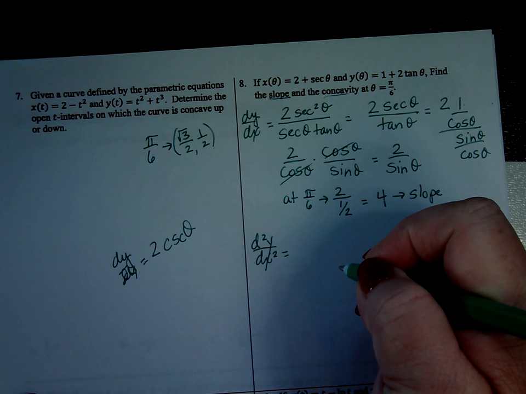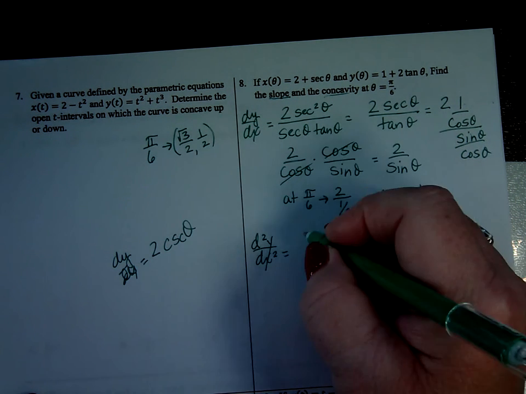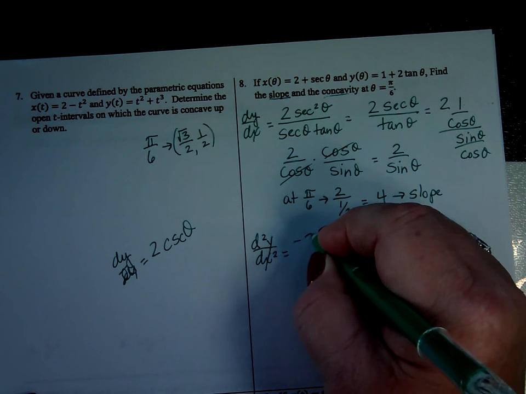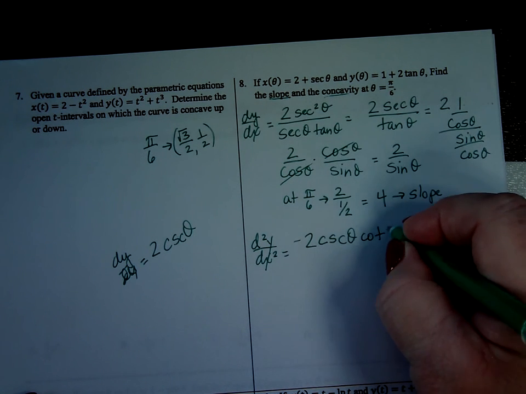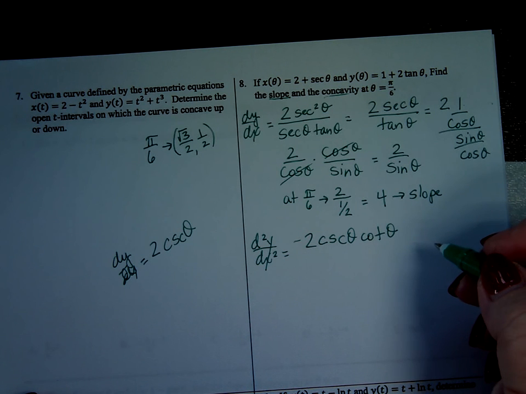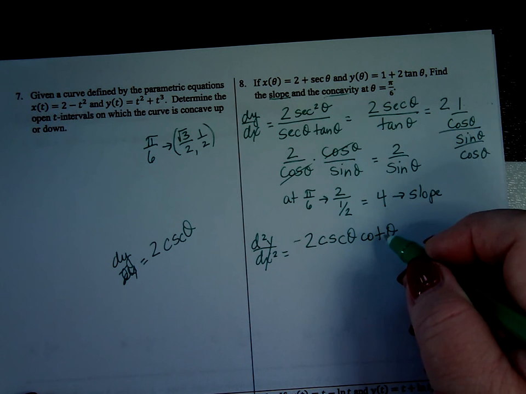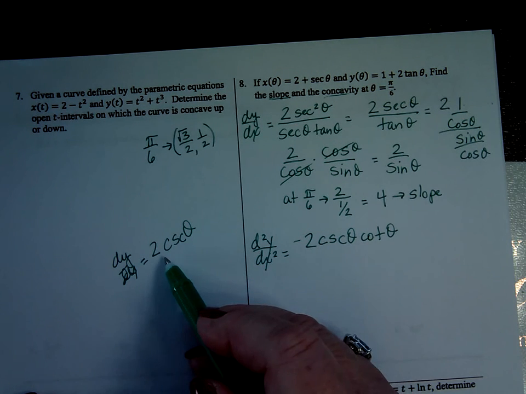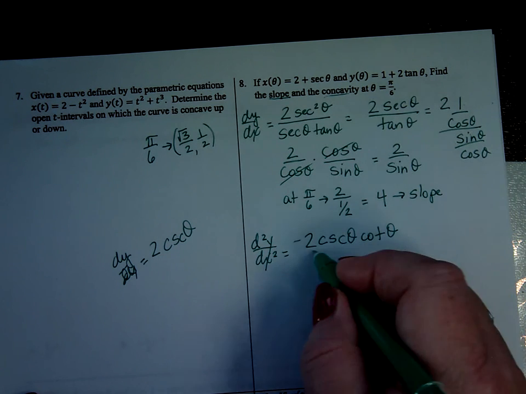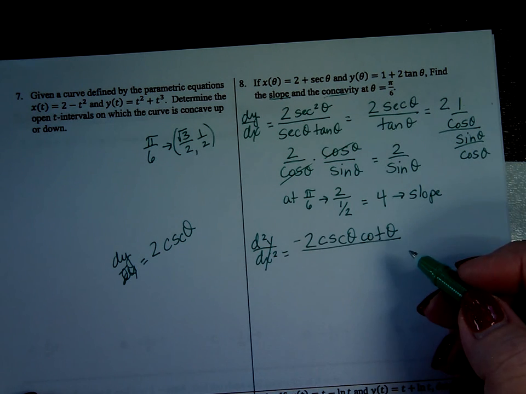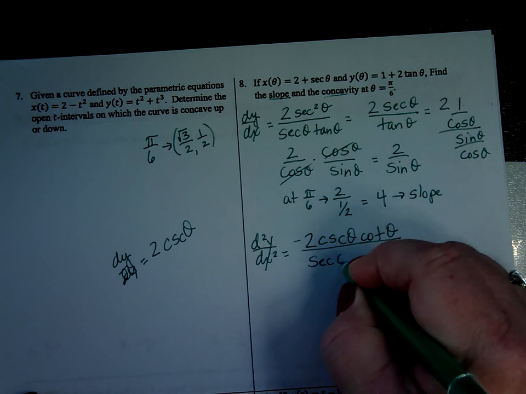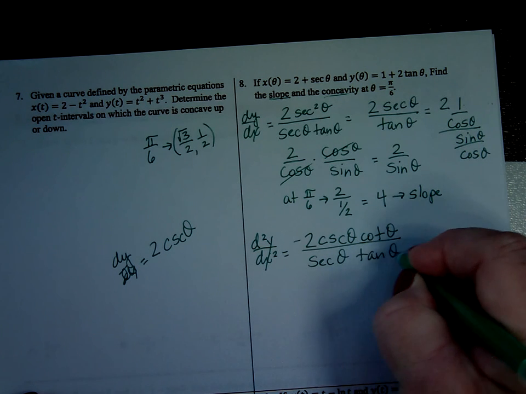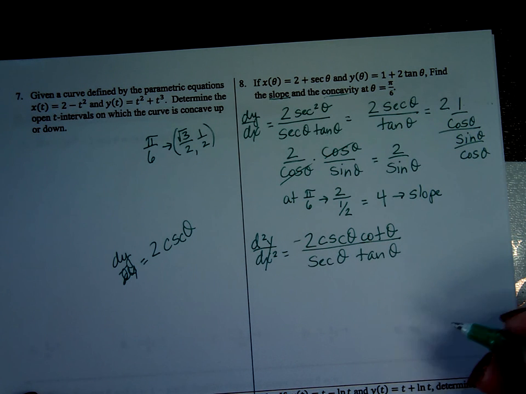It's negative cosecant cotangent. So negative 2 cosecant cotangent is my first derivative. And then I took and divided it by my secant tangent. That's exactly where I'm at.